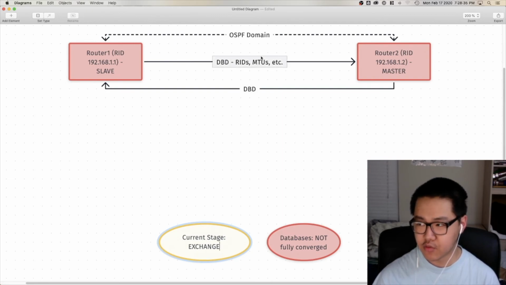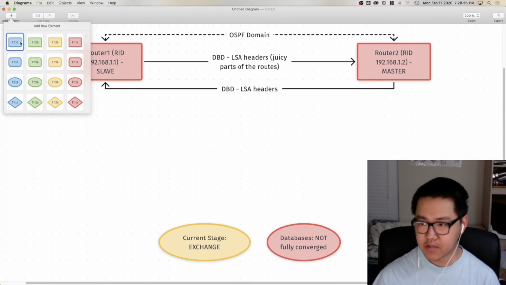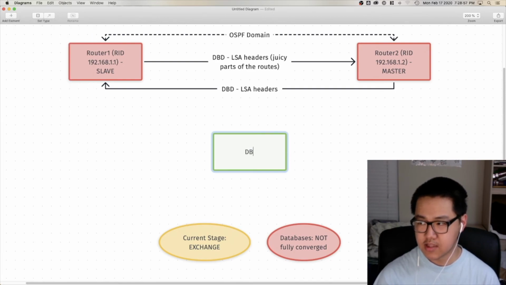Exchange. Now we have the real stuff going on. So we still have DBDs sent, except now what the routers do with the DBDs is look into the LSA headers, the juicy parts of the routes, right? And let's make some DBDs real quick.